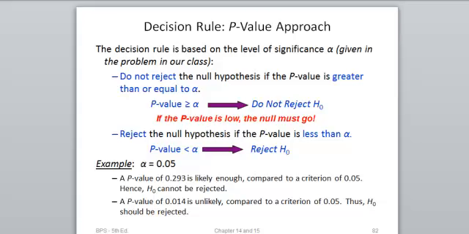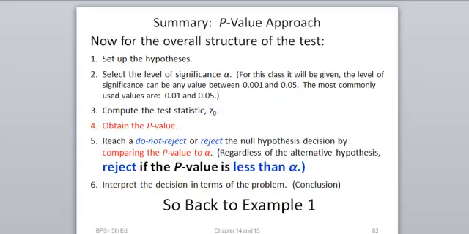So if we had a significance level of 0.05, a p-value of 0.293 is likely enough compared to the criteria of 0.05. Therefore, we cannot reject the null hypothesis. However, if the p-value was 0.014, it was unlikely compared to the criteria of 0.05, so the null hypothesis should be rejected. So let's look at that overall structure and then back to example 1.